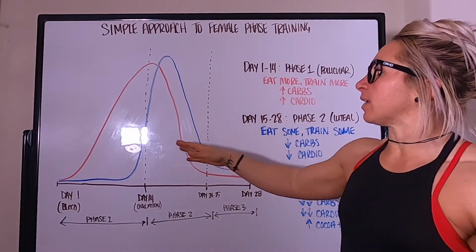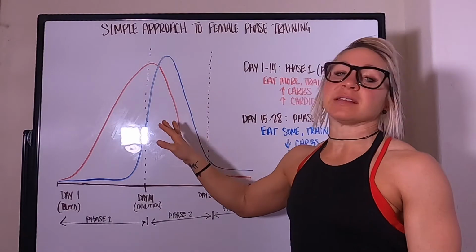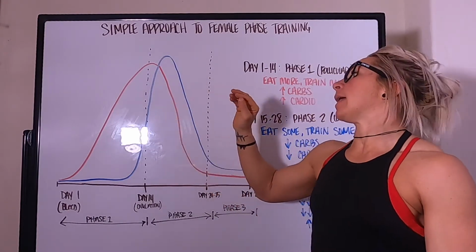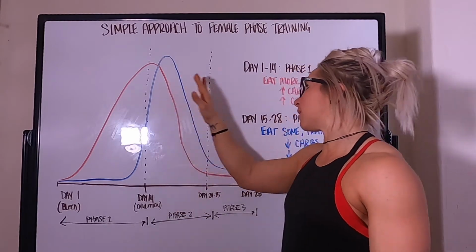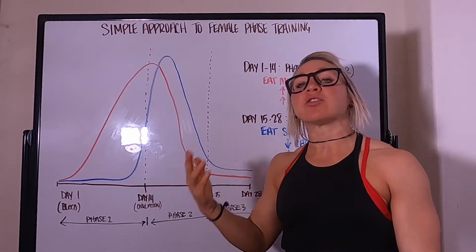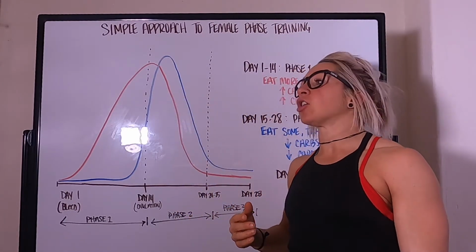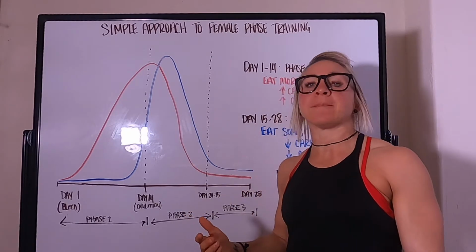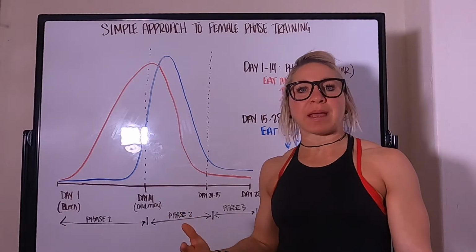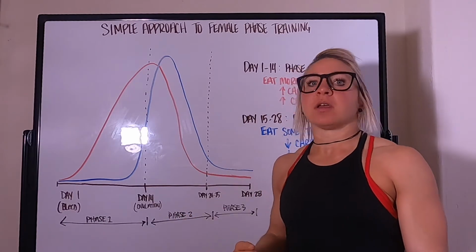Again, like I said, you're going to be more sensitive to the carbohydrates and stress in general. So after those first 14 days, you want to decrease your carbs and start doing less cardio and more HIIT workouts, okay? Things that are strength training based, short burst workouts.